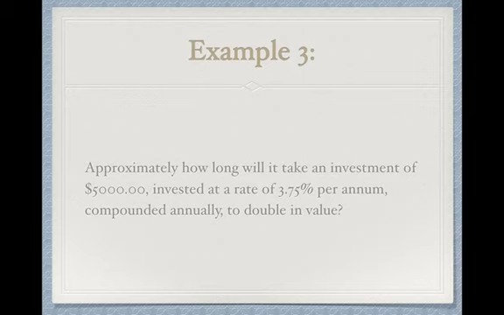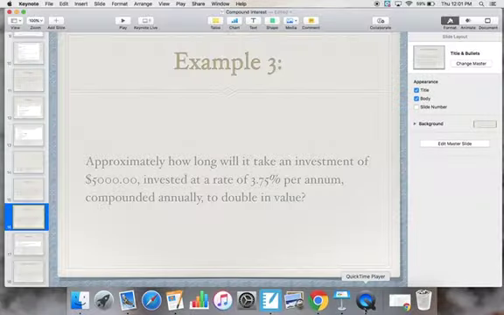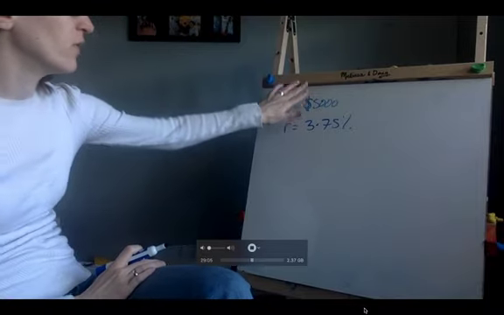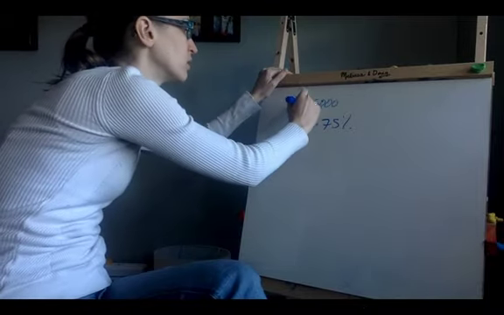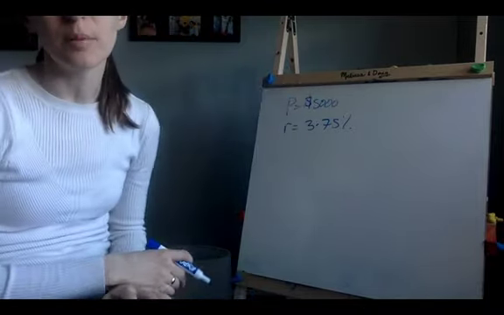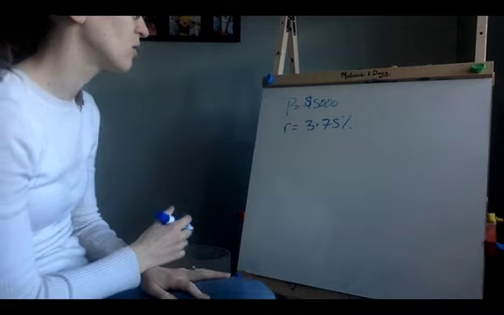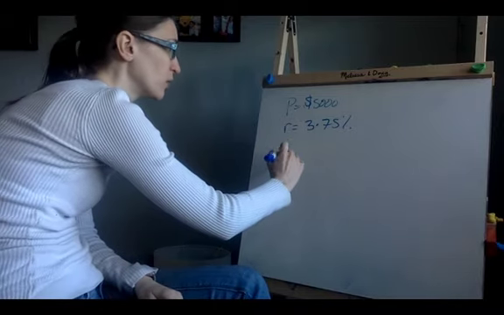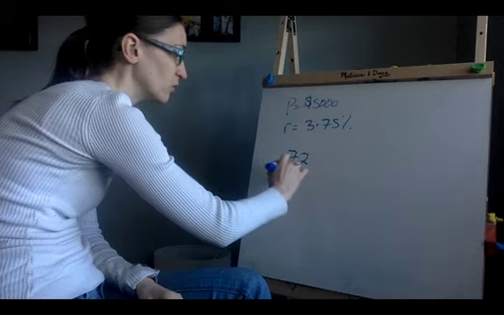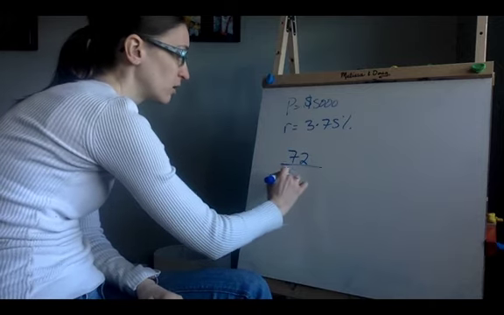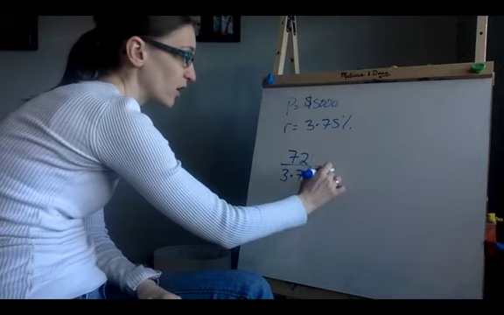If it's being compounded monthly, bi-weekly, daily, it's not going to work as well. But if we do this, it's a simple calculation, right? We've invested $5,000 and want to know when that's going to double to $10,000. So using the rule of 72, all we do is take 72 and divide it by 3.75.